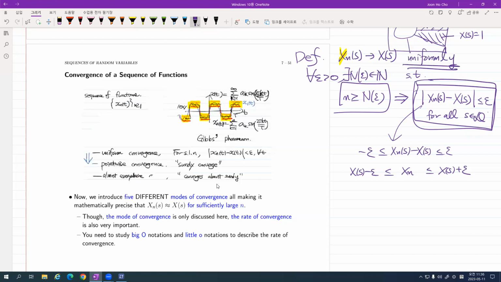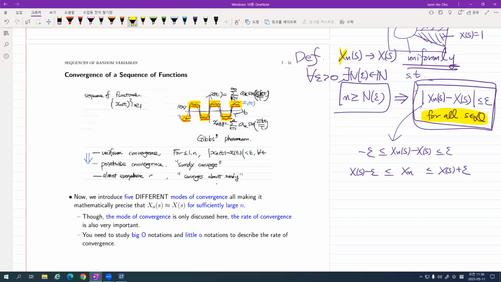That is called uniform convergence. Why uniform? The uniform is due to this part: for all s in the domain, you have chosen a single epsilon, and you have some upper and lower bounds from the target.